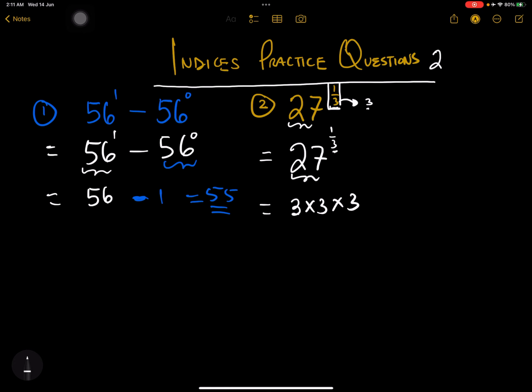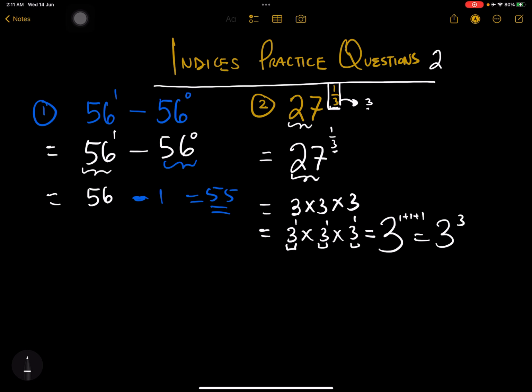We also know that each of these 3s has a power of 1, which leads to the rule that if the bases are the same, we add the exponents. So it's going to be 3 to the power of 1 plus 1 plus 1, and that's 3 to the power of 3.